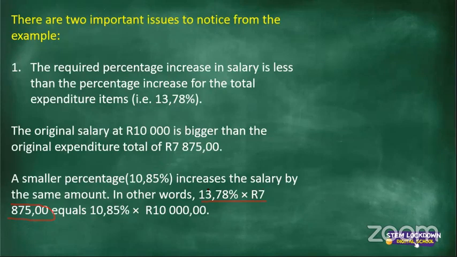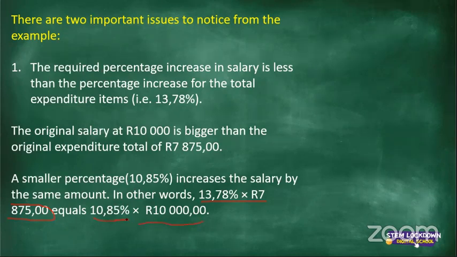And the 13.78 is the percentage of the inflation rate, by how much the prices have increased. So we multiply that by the original cost of expenses. And then we can see that this calculation equals that of the expected percentage increase in salary multiplied by the original salary.